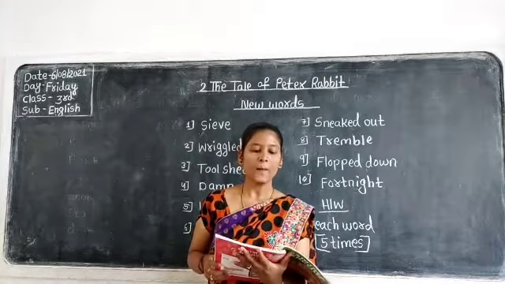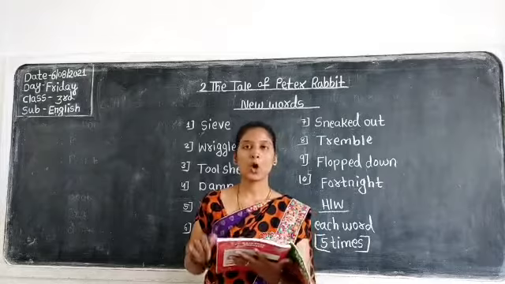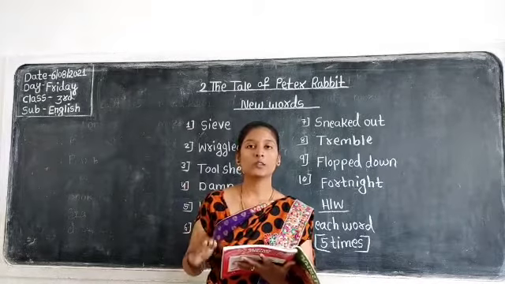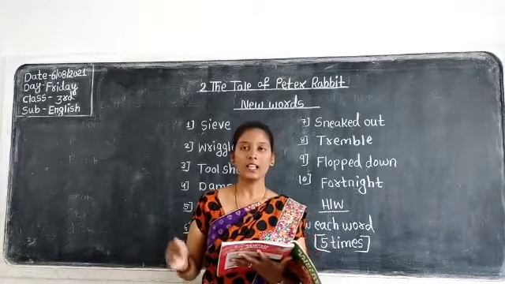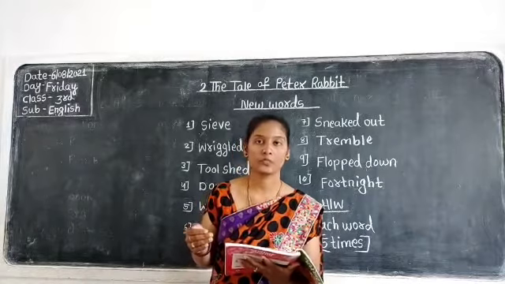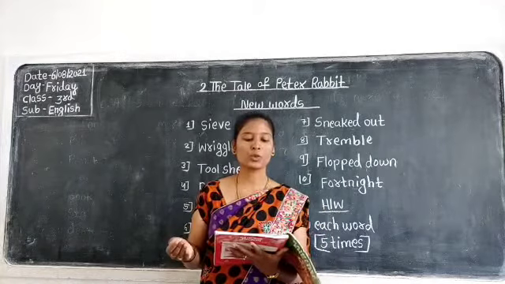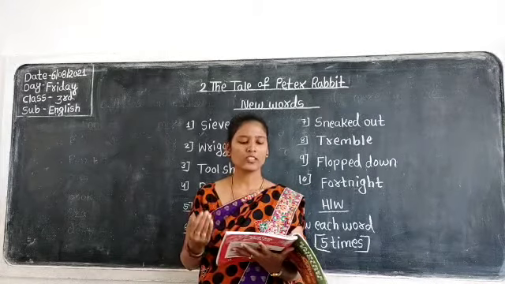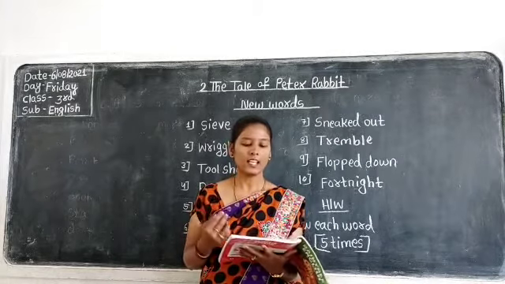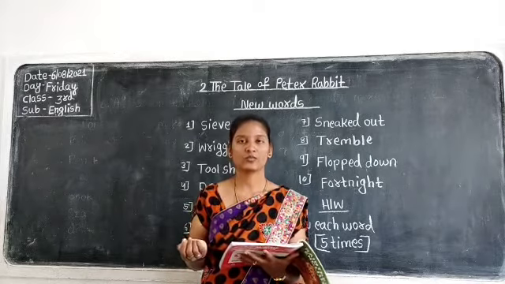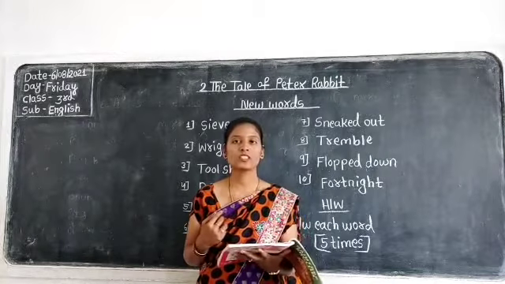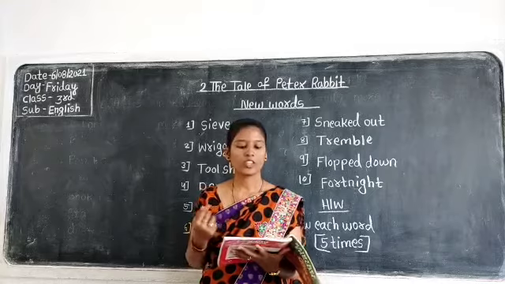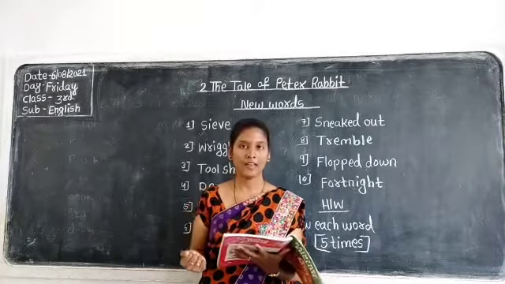So children, Peter never stopped running or looked behind him till he reached home, to the big fir tree. So he was so tired that he plopped down. So what do you mean by plopped down, children? Plopped down means fell down heavily.